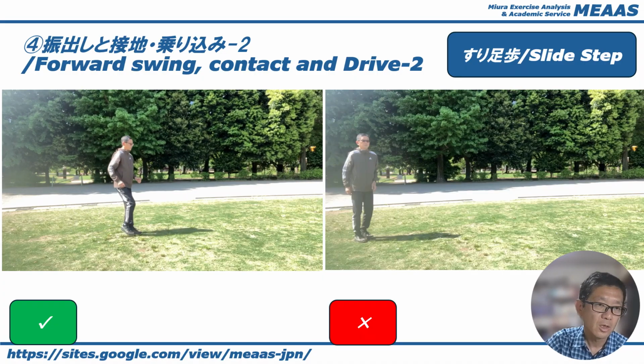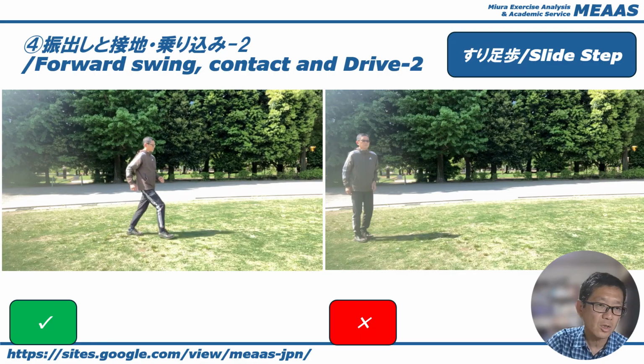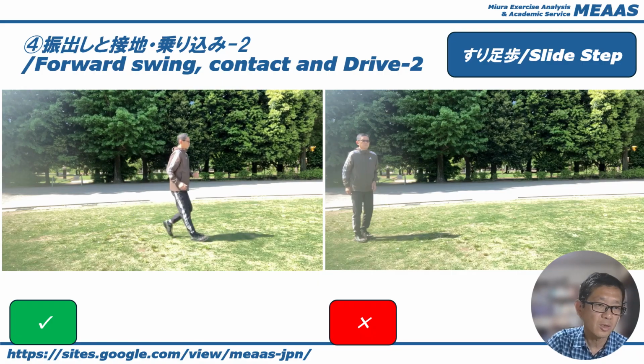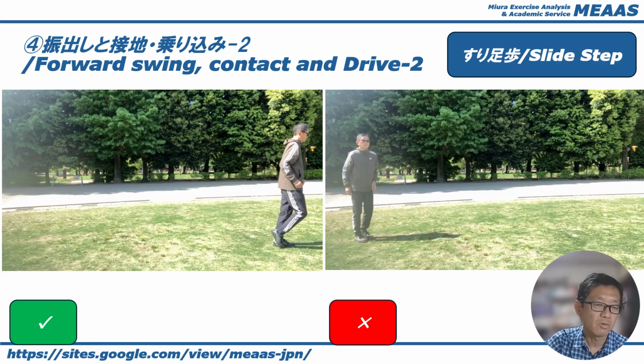On the contact, the muscle force of the support leg exertion is mainly from the hip extensor and knee extensor.